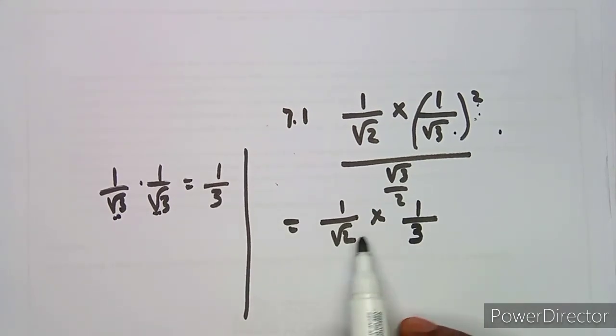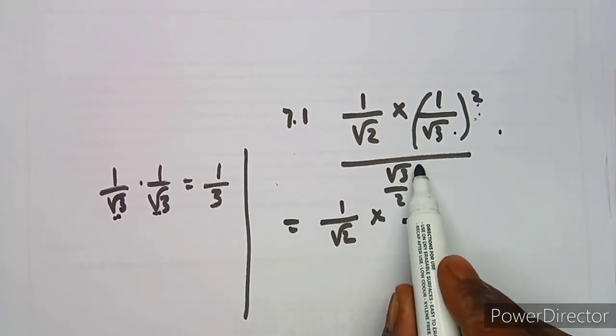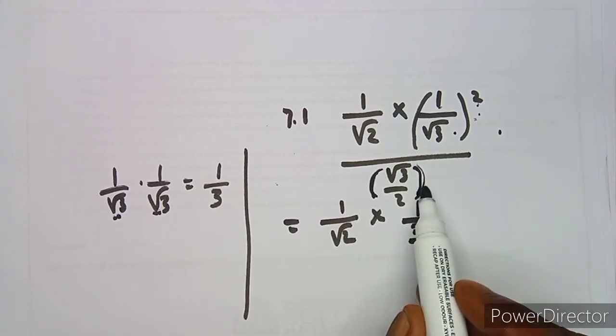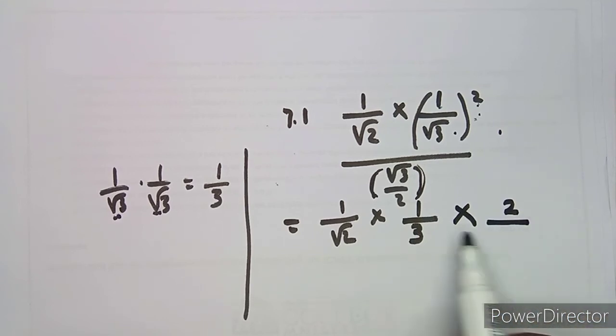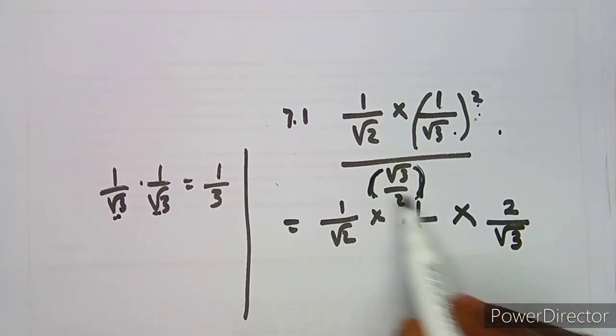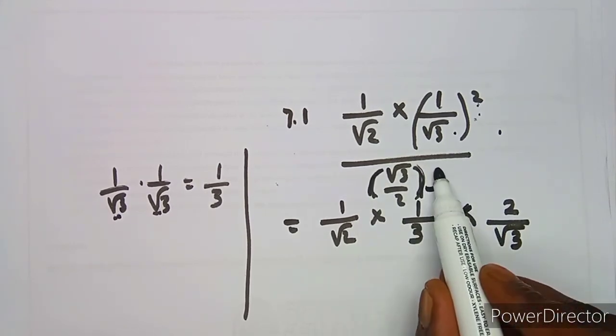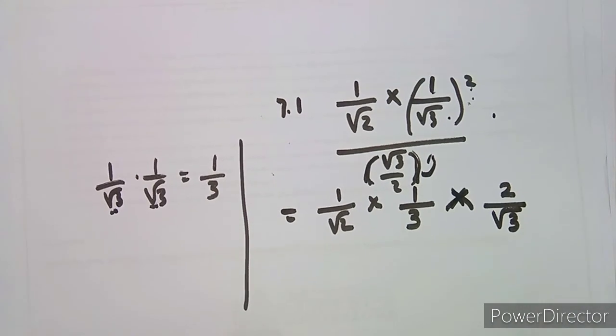Okay, then whatever you're going to get here, this is dividing. This one is dividing, so you're going to multiply by 2 over square root of 3. Remember what I told you about multiplication: when you are dividing, you introduce multiplication, then you invert. So it will be 2 over square root of 3.